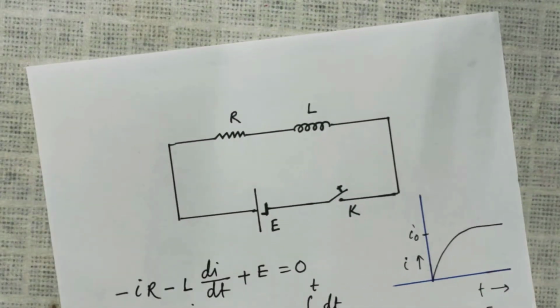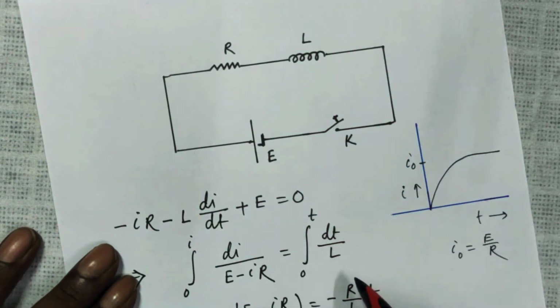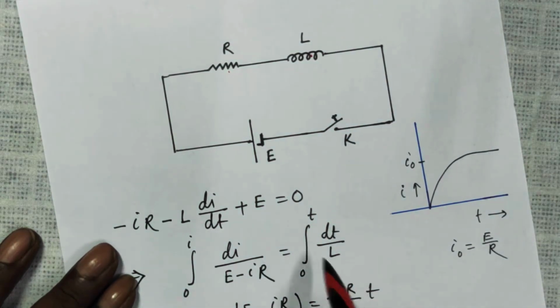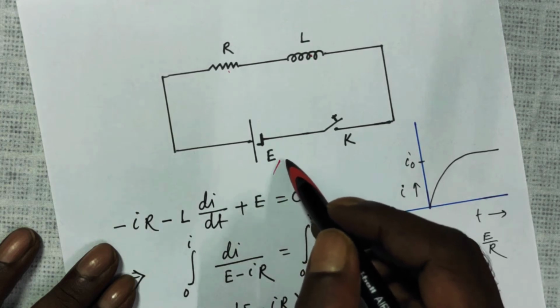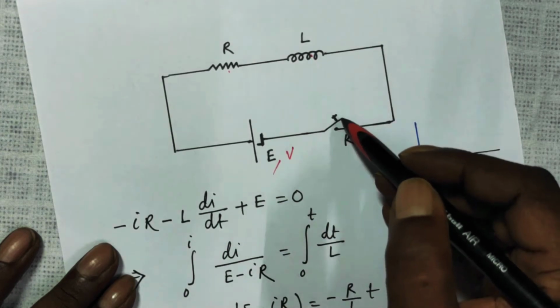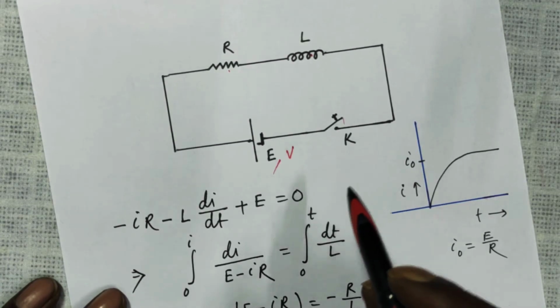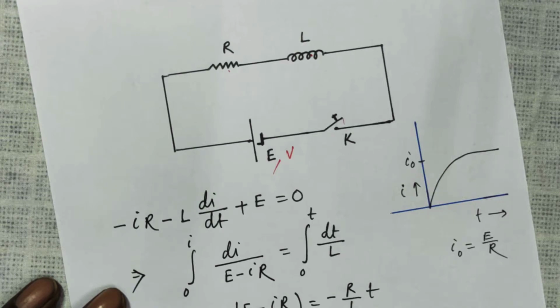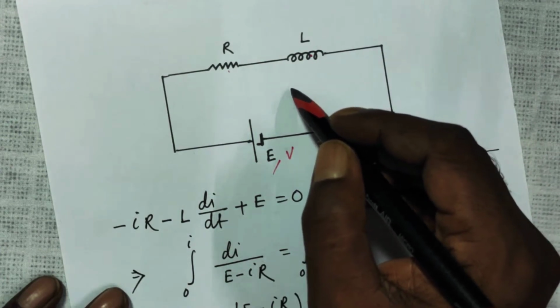Now look at the discussion part of it. In previous lessons, we had derived this relation. There was a resistor and an inductor connected across a source of EMF E. You can say E or you can say V, no problem. When the key was closed, the current in the circuit was not reaching its maximum value immediately. It was taking some time because the inductor was opposing the growth of the current.